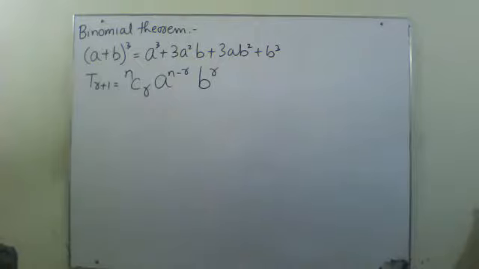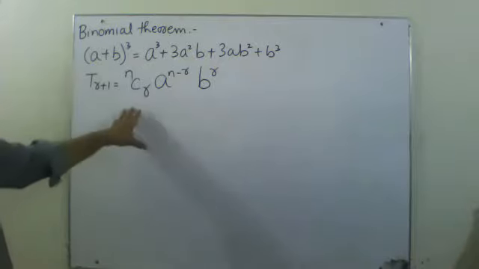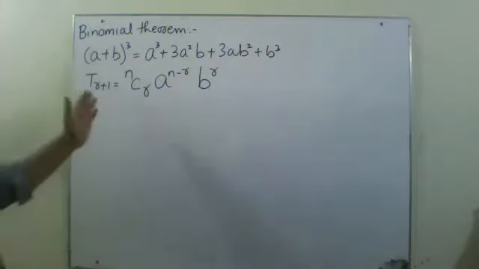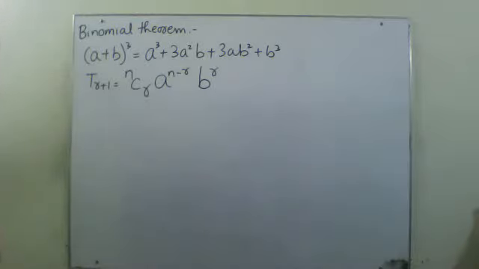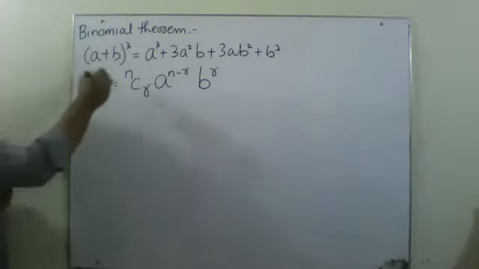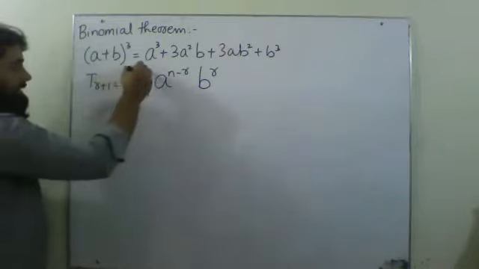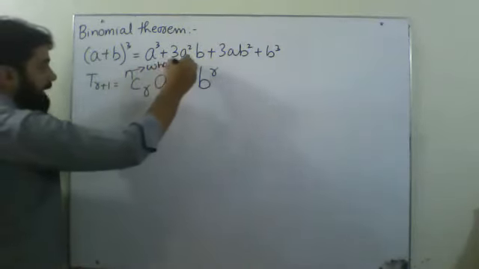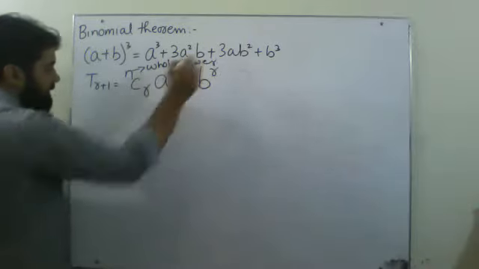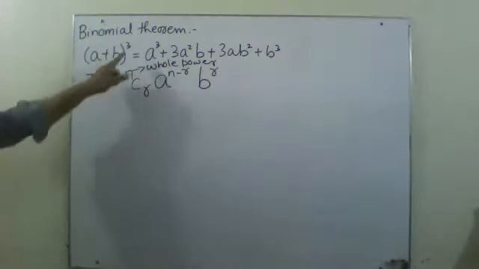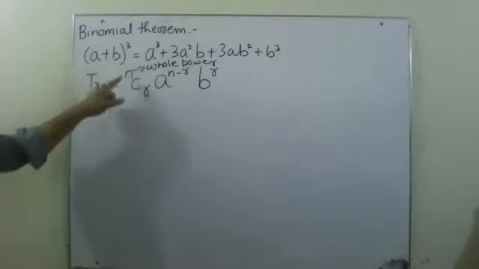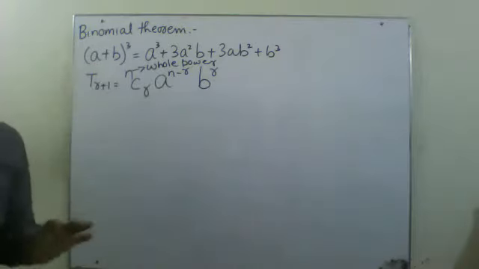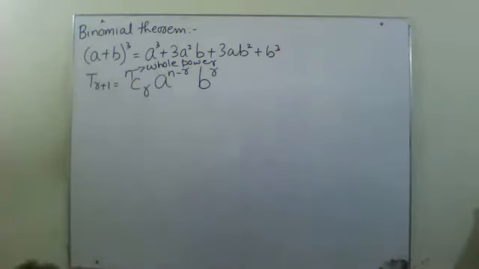Now I am going to explain what each term is expressing. First of all, n is expressing the whole power on the bracket which is to be expanded. In this case it is 3.